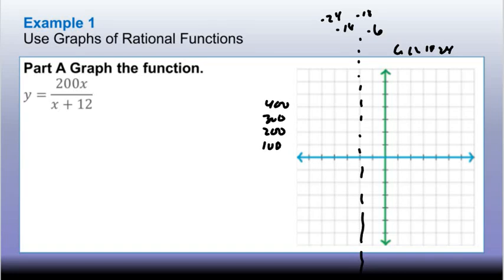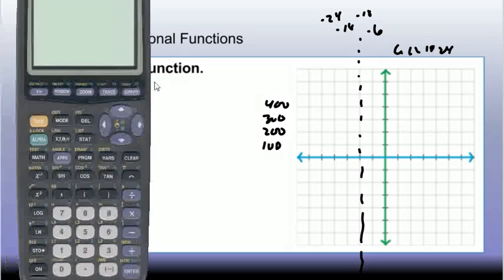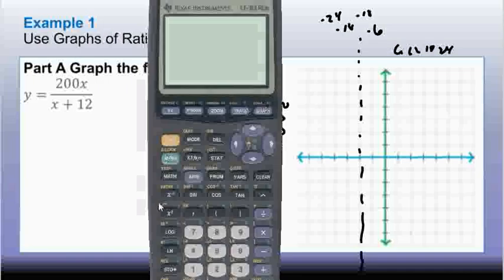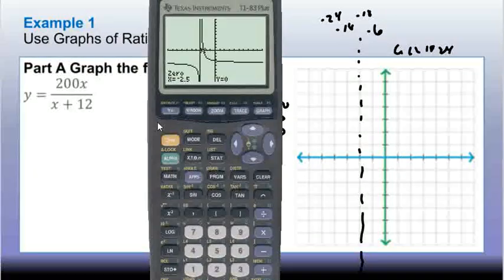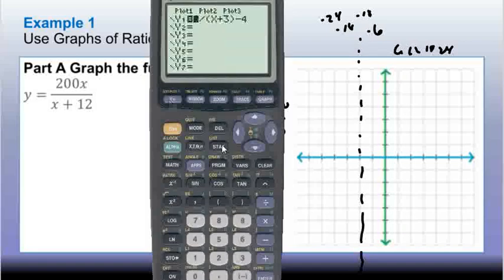Okay, so now I'm going to grab my calculator here, and we're going to put this in our calculator to come up with our table of values. So our y equals 200x divided by parentheses x plus 12.